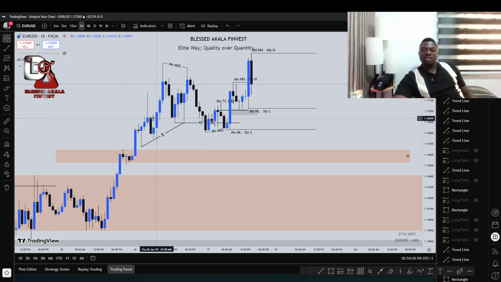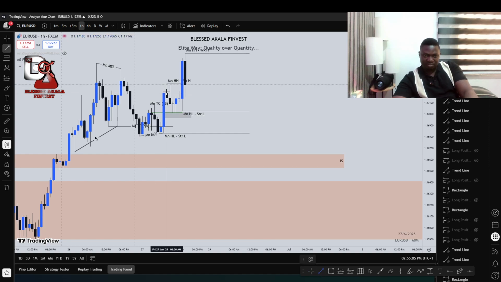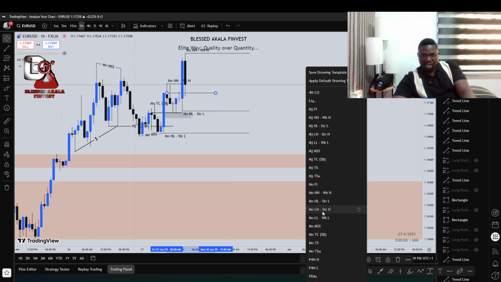So that is creating a proper structure for us, at least for the moment. If you are yet to enter, I guess this is the proper place we can enter from. And our dealing range is particularly this low here.